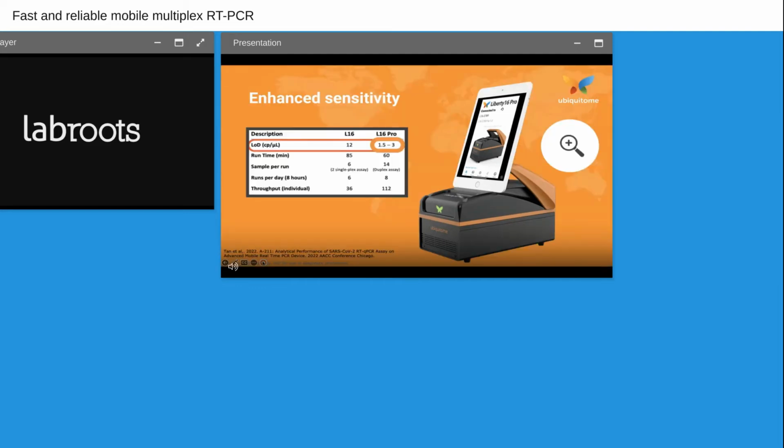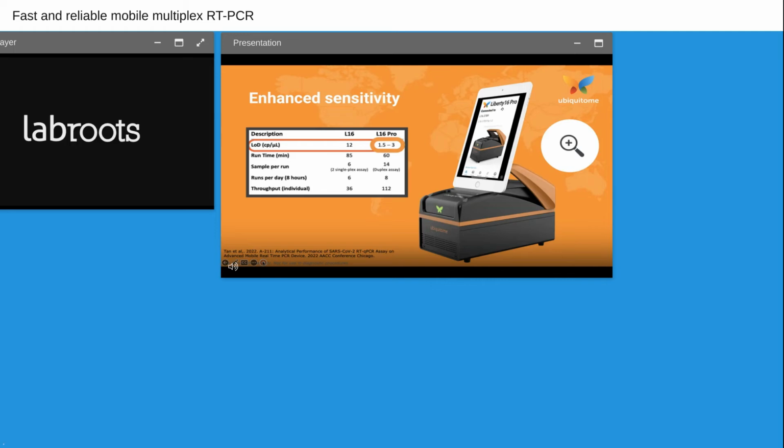So just to kick things off with the Liberty 16 Pro, you might be wondering, what has changed compared to the currently available Liberty 16 compared to this latest iteration? Well, to start, when we're looking at the limit of detection or LOD, the currently available Liberty 16 device has an LOD of around 12 copies per microliter.